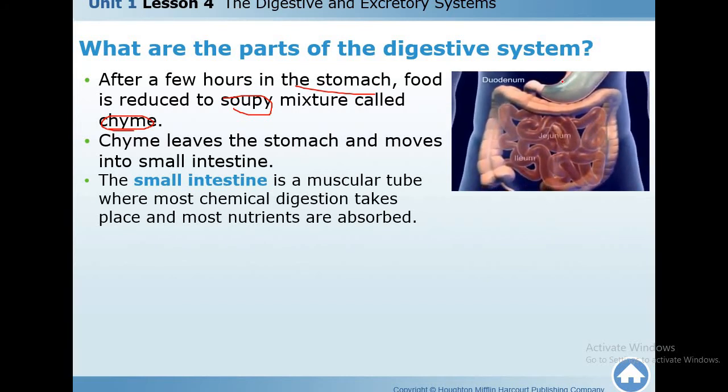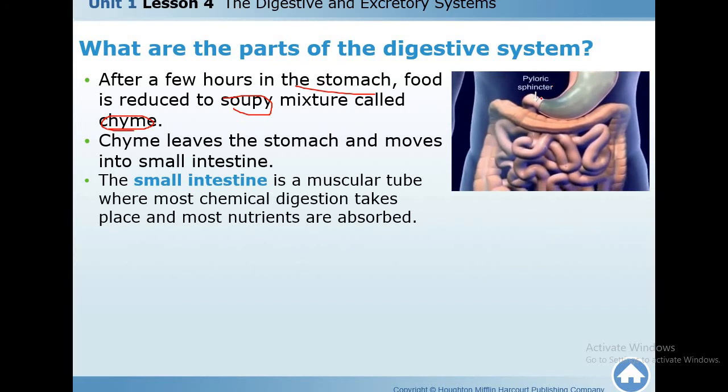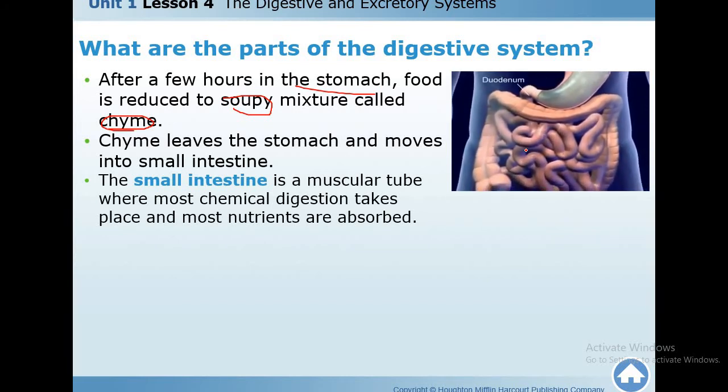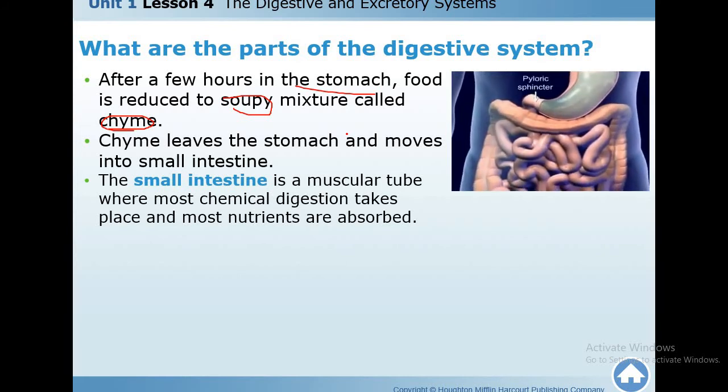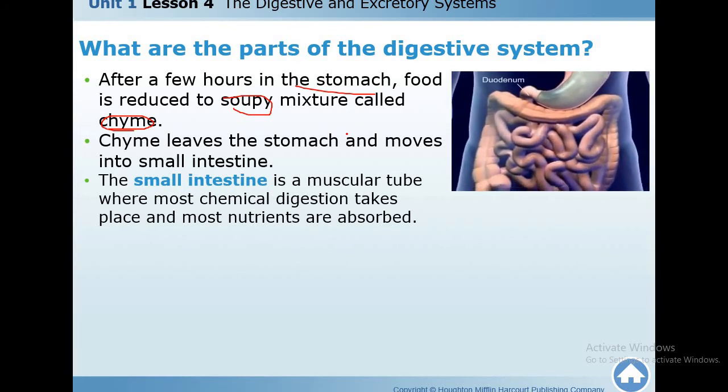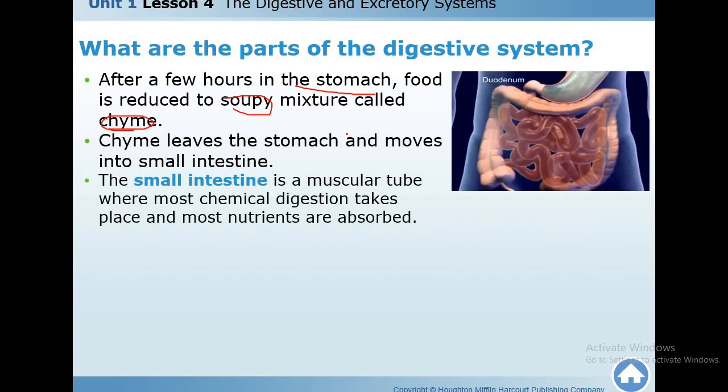So after the stomach, the food passes through the small intestine. After a few hours in the stomach, food is reduced to a soupy mixture called chyme.